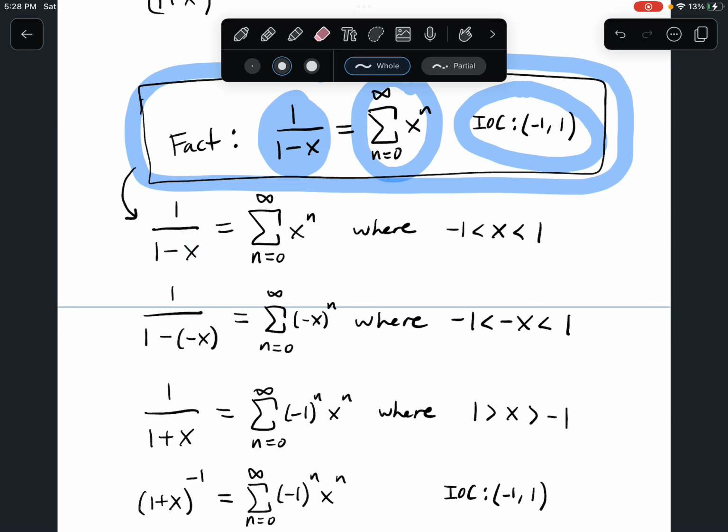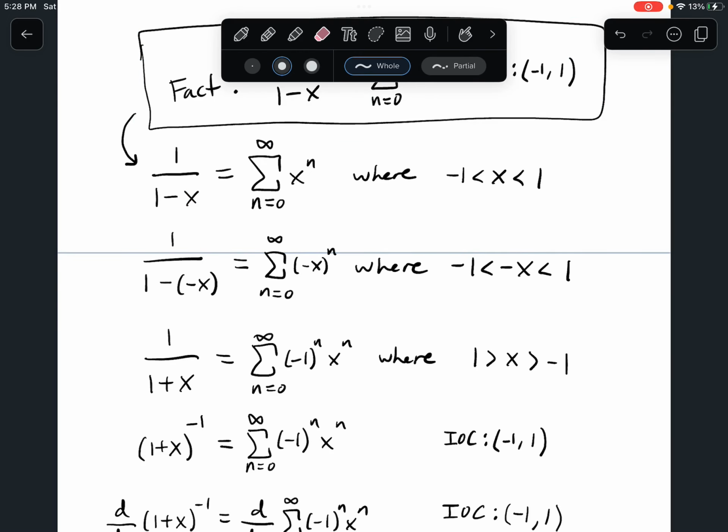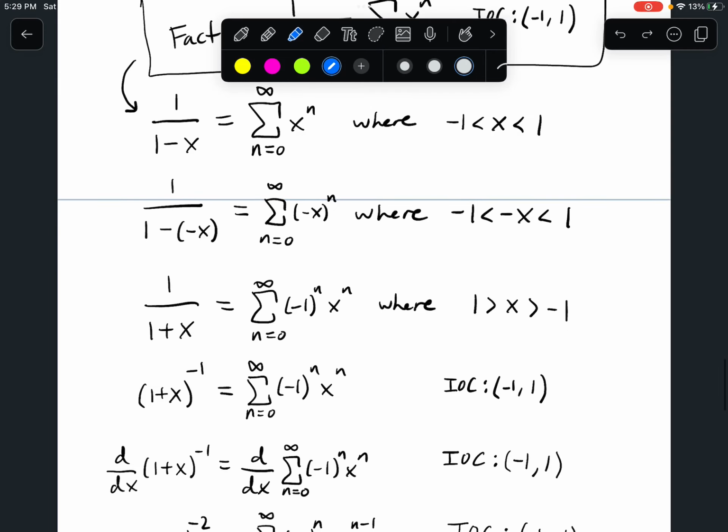I can do a little bit of cleanup here. So if we substitute minus x here, then we'll have to substitute minus x here as well, as we do here. And we'll also have to substitute minus x here, like we do here. And now we can then simplify. We get from here, we can simplify to this, which is what we want.